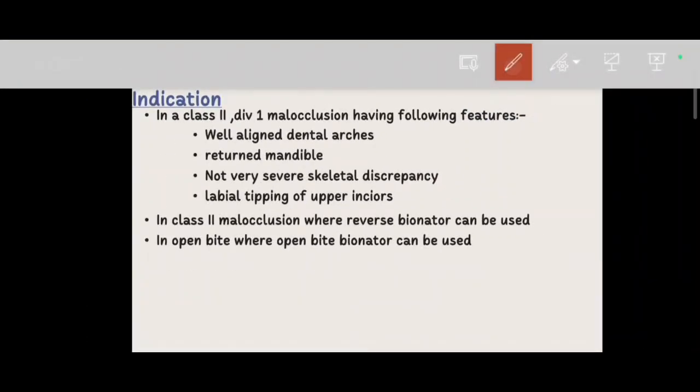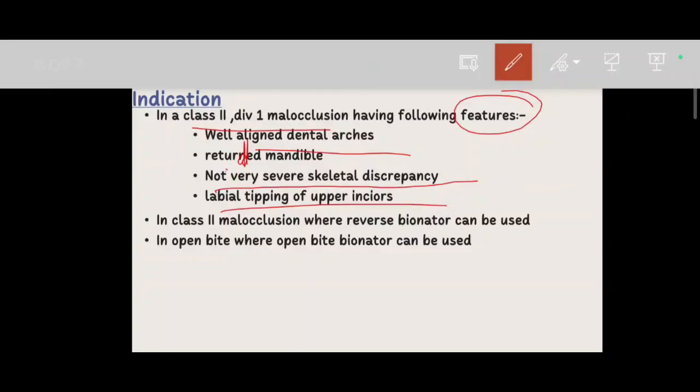Now the indications of Bionator. The first one is that Bionator is indicated in class 2 division 1 malocclusion, which has the following features: well-aligned dental arches, a retrognathic mandible, mild skeletal discrepancy that is not very severe, and labial tipping of the upper incisors.